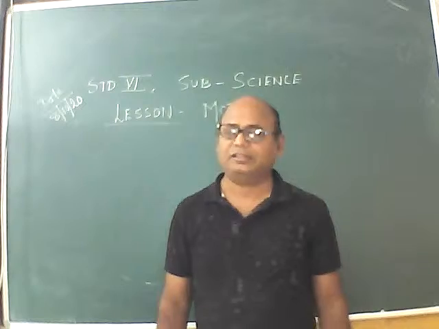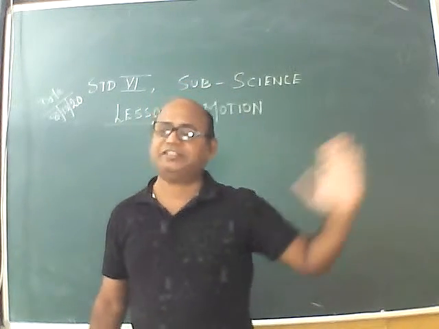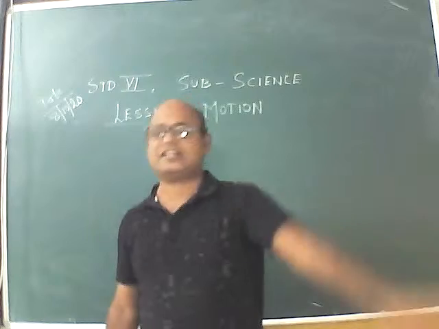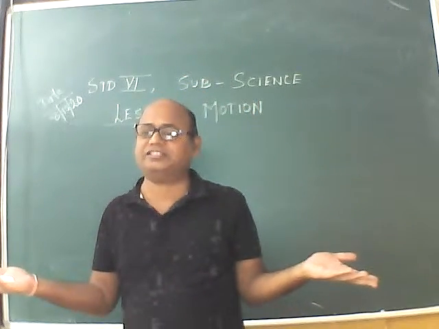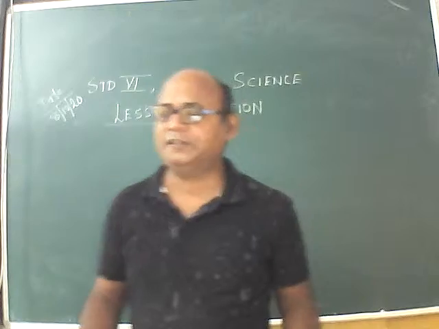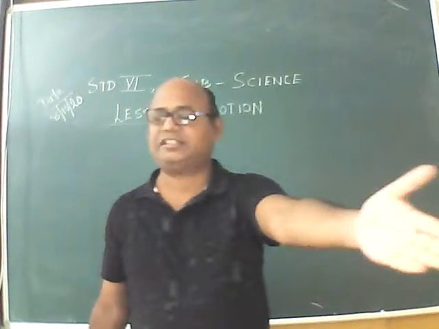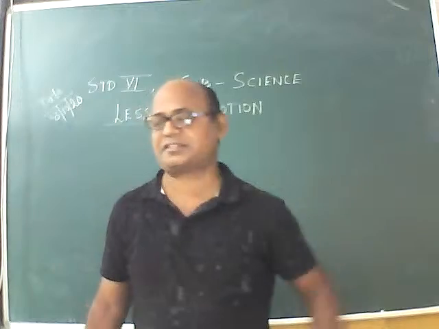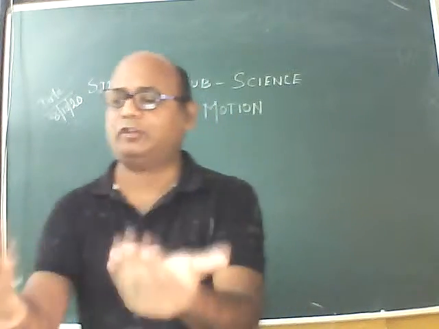For example, if Rohini Pajbhai is going from this classroom to the new building, I say Rohini is in motion. And if Sakshi is sitting there, I say that she is at rest, isn't it? This is our general everyday talk.